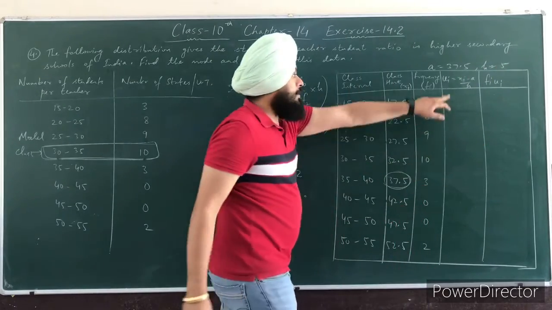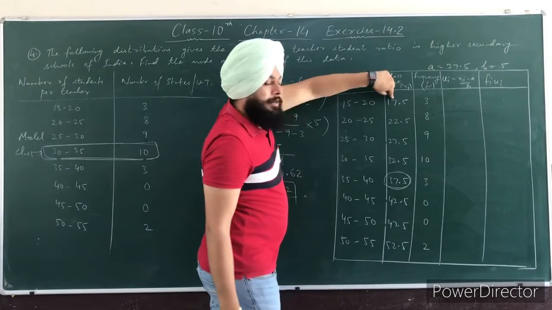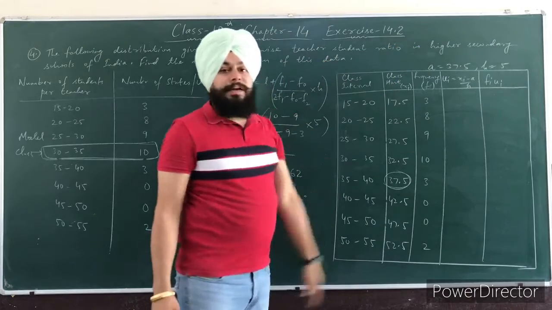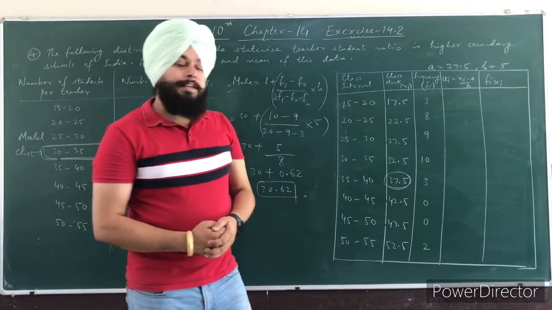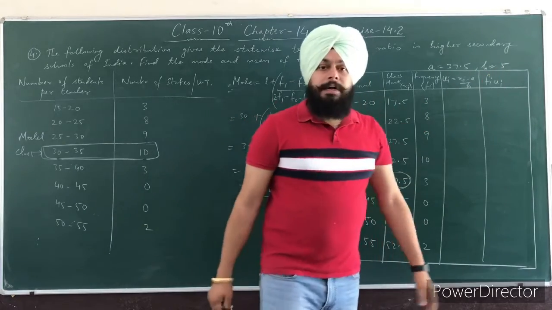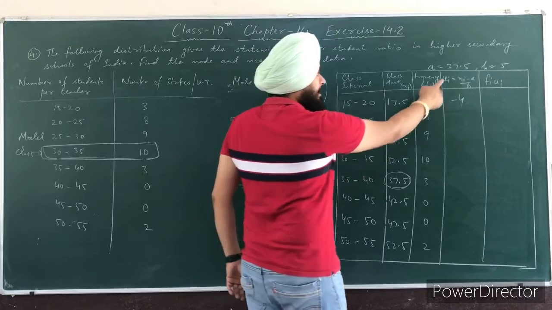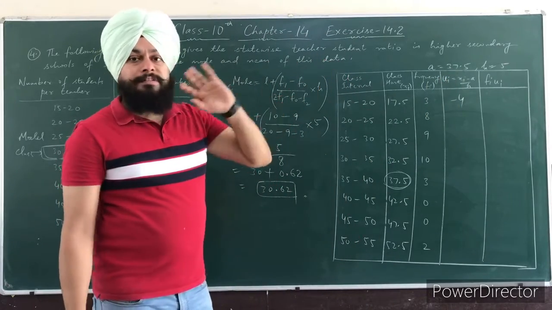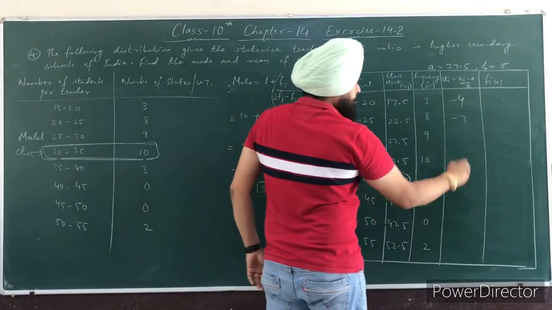So now first find the ui. xi minus a. xi is 17.5 and the value of a is 37.5. So 17.5 minus 37.5 is minus 20, and minus 20 by 5 is minus 4. Next is 22.5 minus 37.5, it is minus 15, and minus 15 by 5 is minus 3. So similarly you can find the other values of ui.